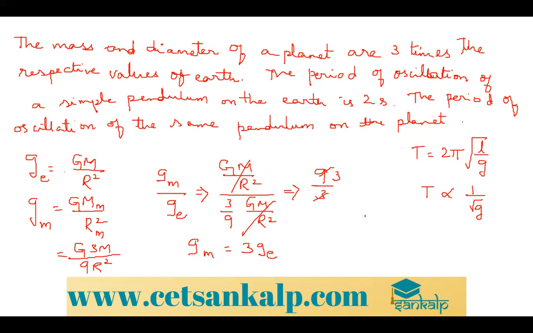So I can take the ratio Tp by Te is equal to root of Ge divided by Gm. So Ge divided by 3Ge comes under the root. So Ge and Ge cancel.